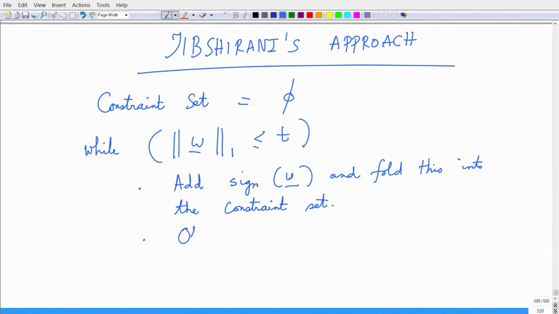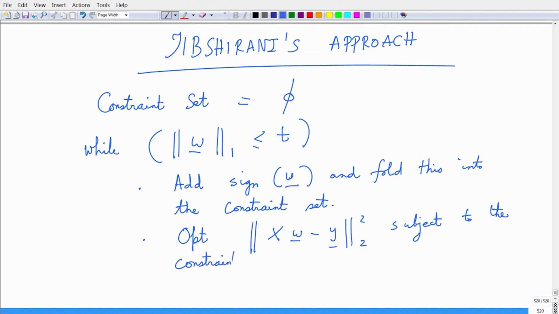And then you optimize this norm of x w minus y subject to the constraints. So, these are the two things that you have to do in the while loop, and you come out of this while loop after all the constraints are satisfied, right.